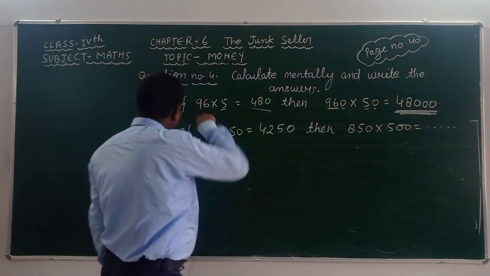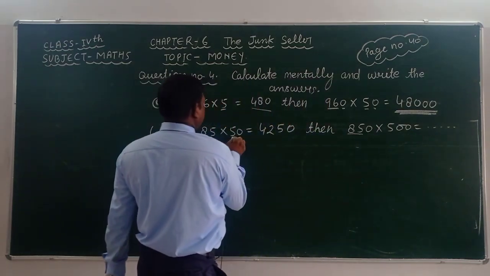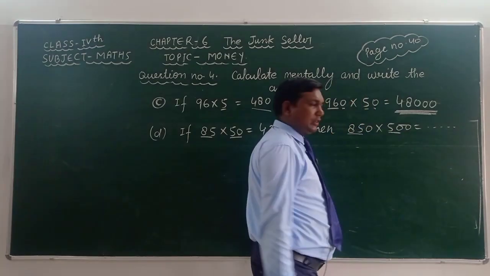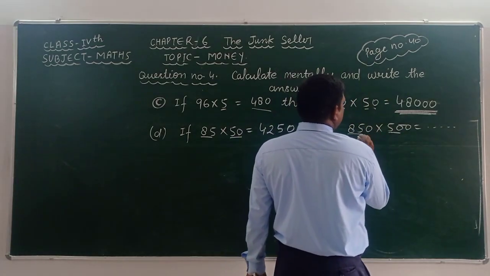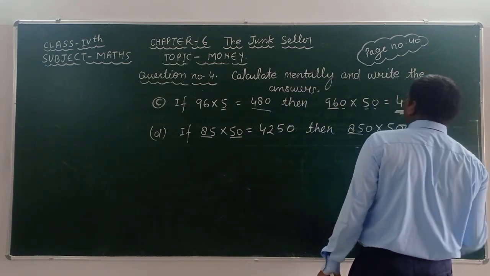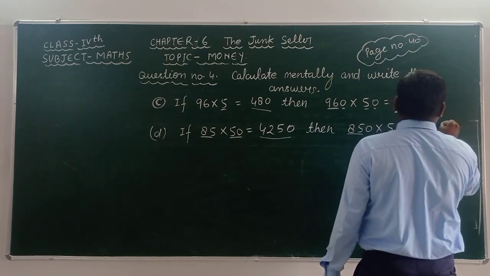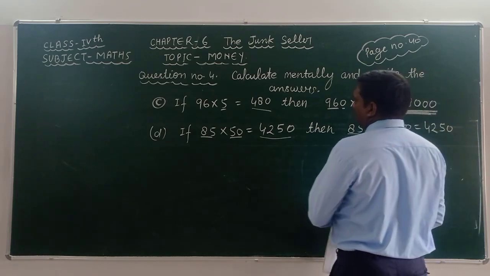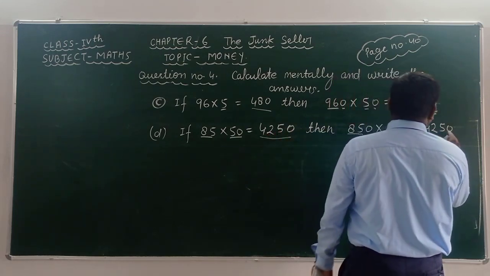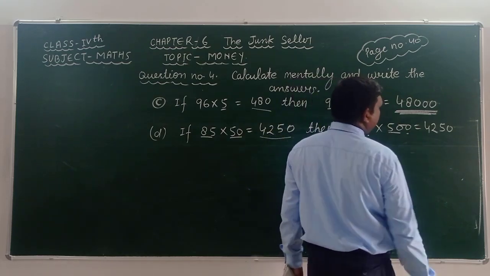Let's look here carefully. Here given 85 and 85, here given 50 and 50. Then firstly we write 4250 as same, and here we get 10 and 20.